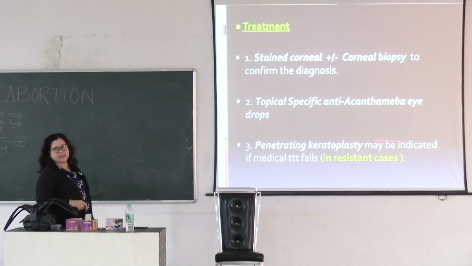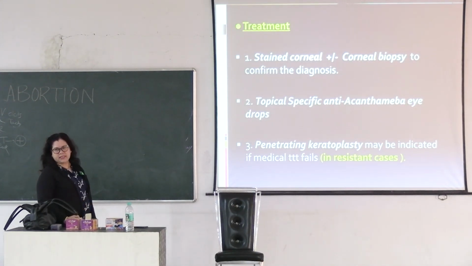In severe cases, when the cornea is damaged, corneal opacity occurs, and the patient has difficulty in vision and the treatment is not effective in healing the ulcer, in those cases we give penetrating keratoplasty. Penetrating keratoplasty means full thickness corneal transplant.